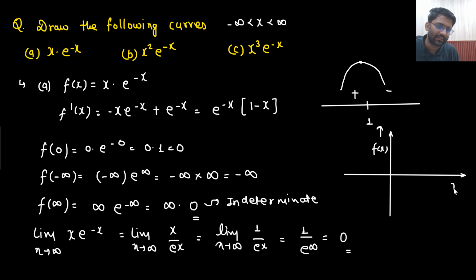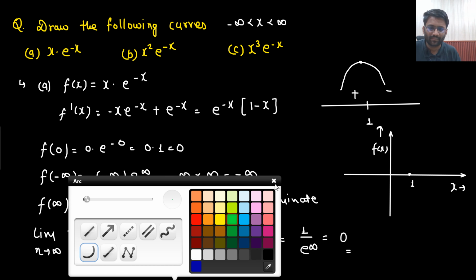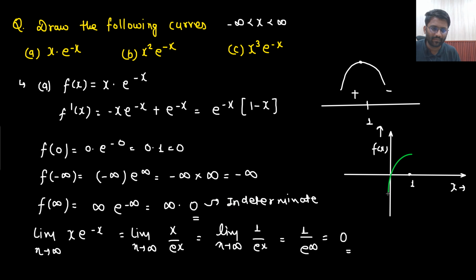F(x) versus x. Okay, this is x equals 1. X equals 1 was the point of maxima. This is how the graph would go.